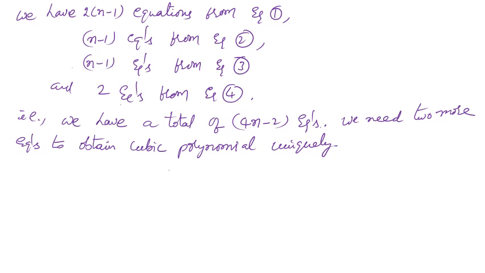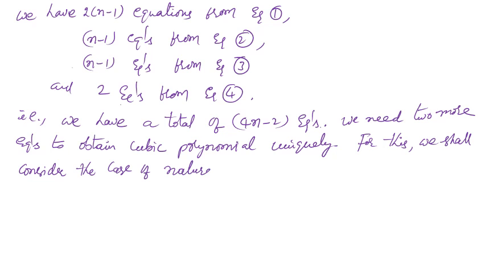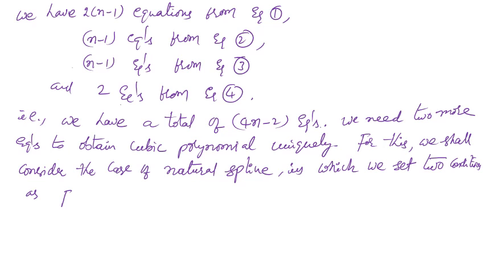Now to get these two conditions, we shall consider the case of natural spline, which means a general polynomial in which we set two conditions: f double dash of x naught is 0 and f double dash of xn equal to 0.